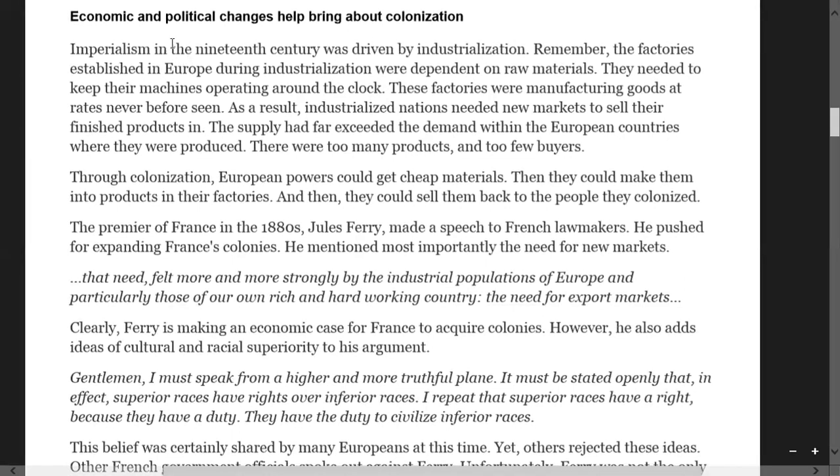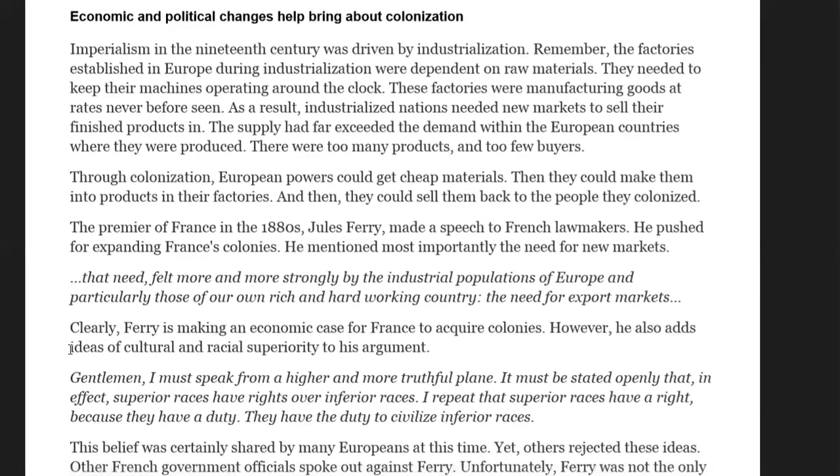The first thing they're going to talk about in these first pretty much four paragraphs is how industrialism drove increased expansion, colonization, and imperialism. This is something we know. We understand industrialization.